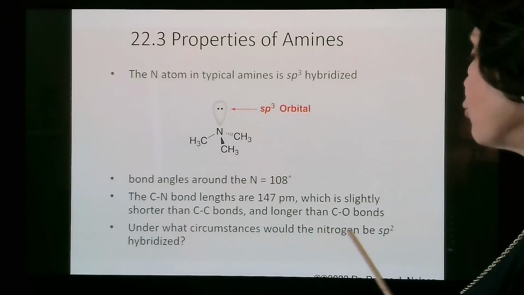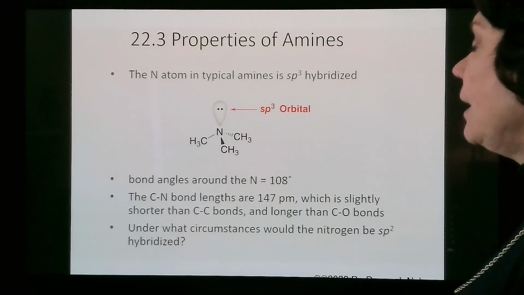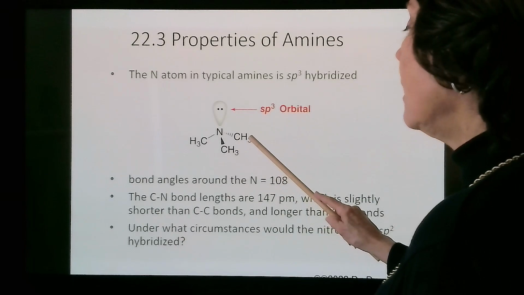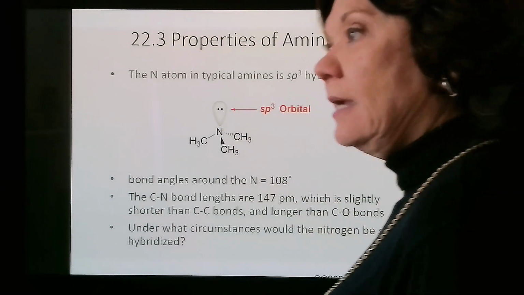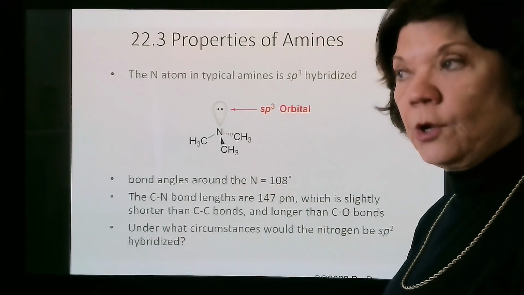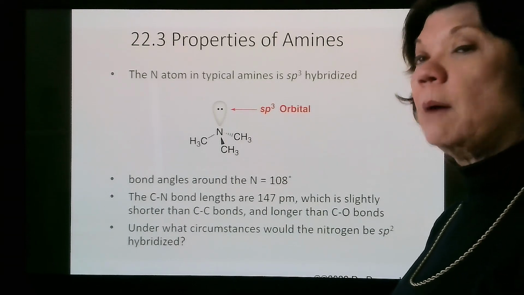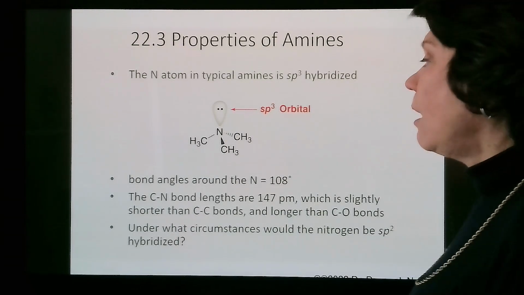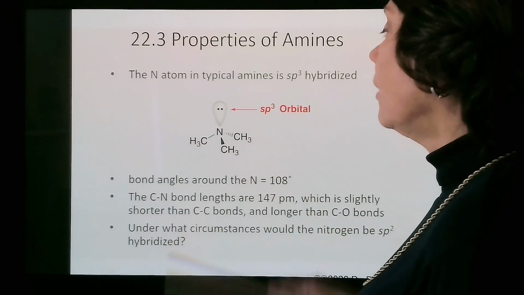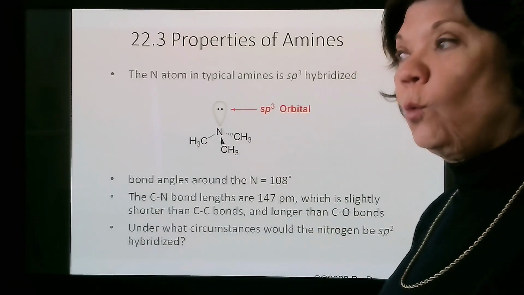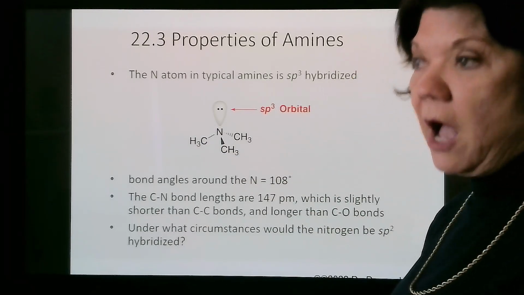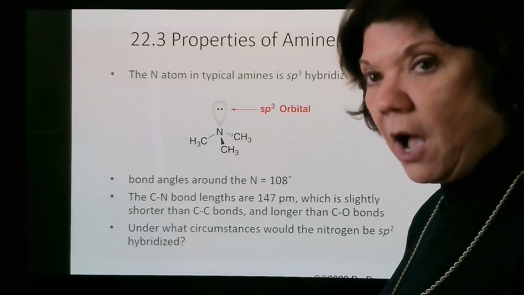So when would the nitrogen be sp2 hybridized? Well, it'll be sp2 hybridized when the nitrogen is in conjugation with a pi system. And so the lone pair here will interact with the p orbitals of the pi system.